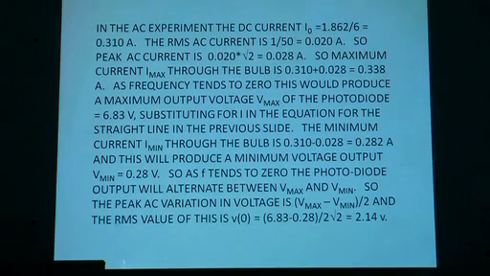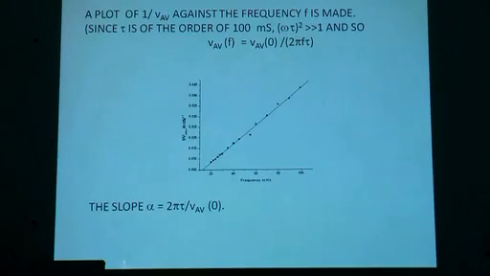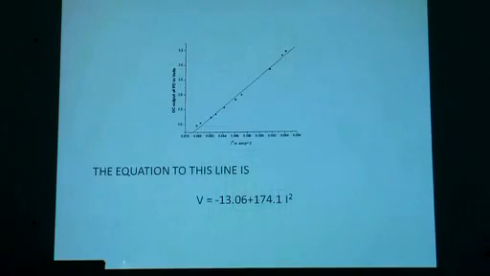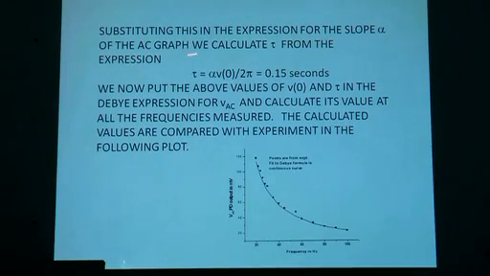This is the V0 here. So you know the slope, you know V0, you calculate tau. So tau is alpha V0 by 2 pi, that comes out to be 0.15 seconds or 150 milliseconds.